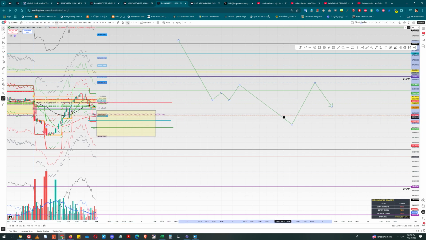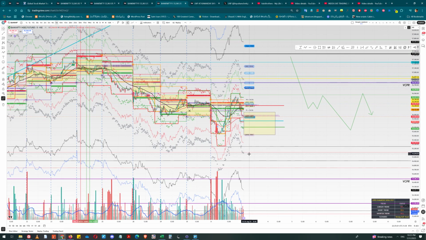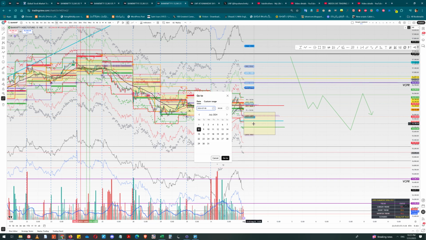I want to find a day where this might have happened in the past. So let me go to certain dates and see. I want to go to a certain date, 18th March 2024. I just draw the shape in a small setup, because when I go back I can't have this same shape with me.